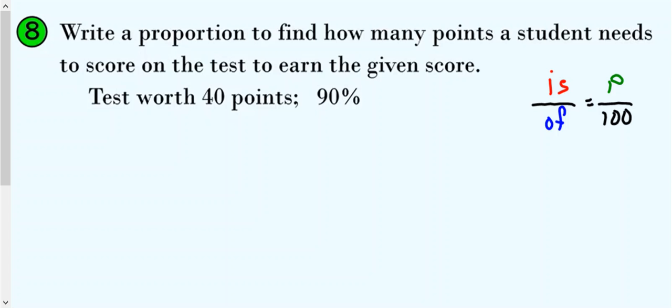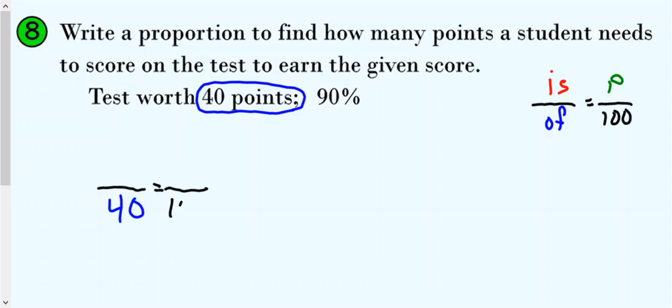Okay, so in our information, 40 points, that's going to be our whole, so that's our total. So 40 points is our total, so that's our of, so that's going to go on the bottom here. And then we know that our percent we're looking for is 90%, so we're trying to get 90.